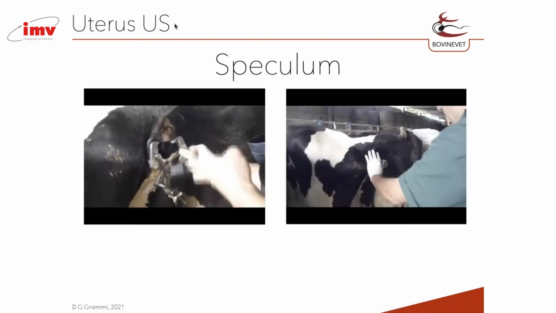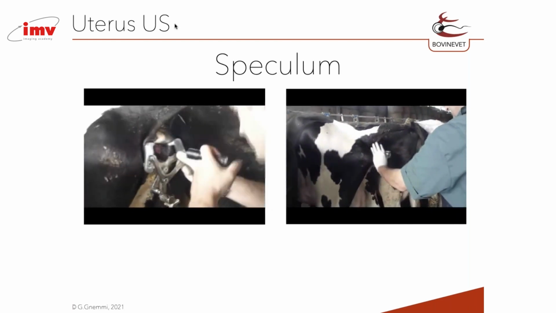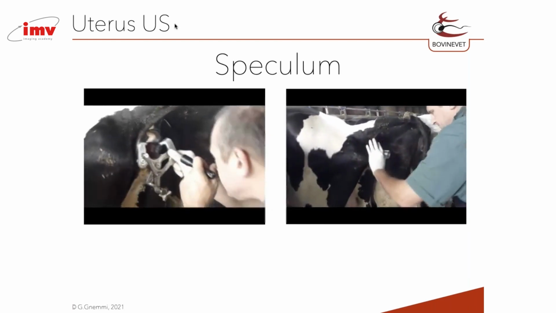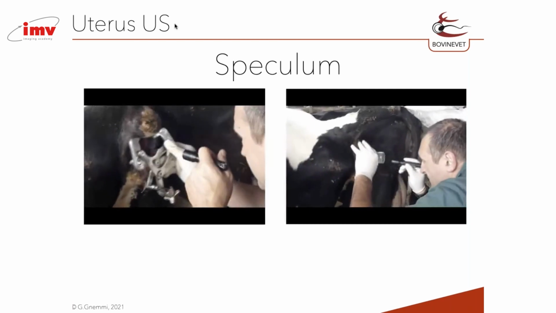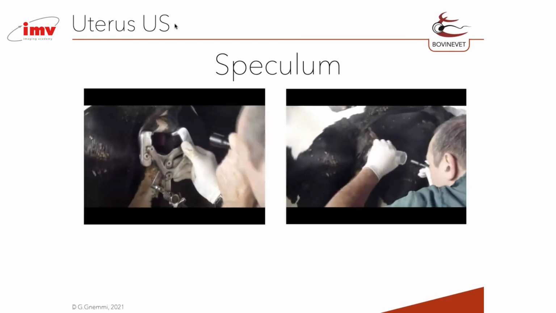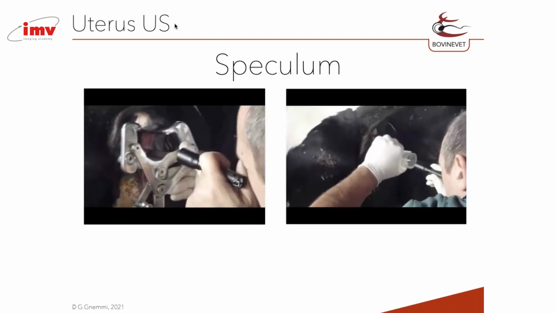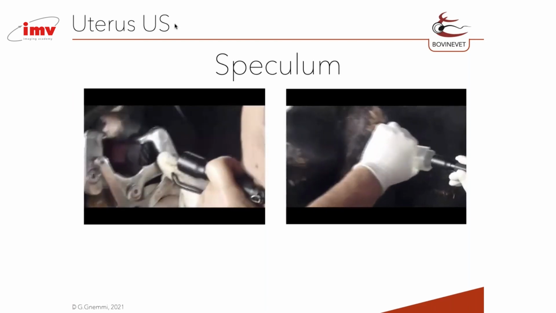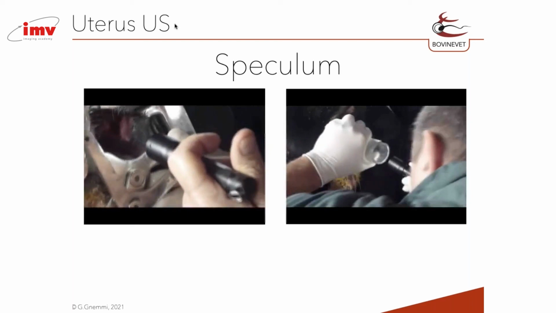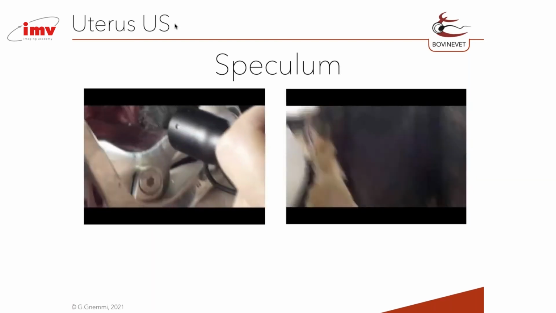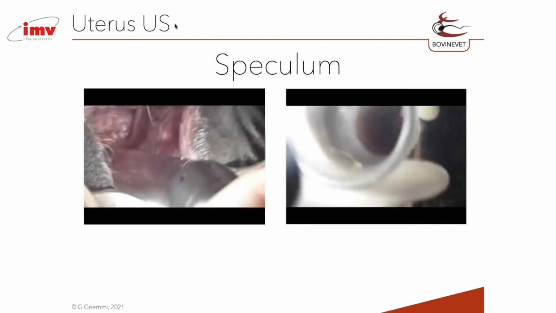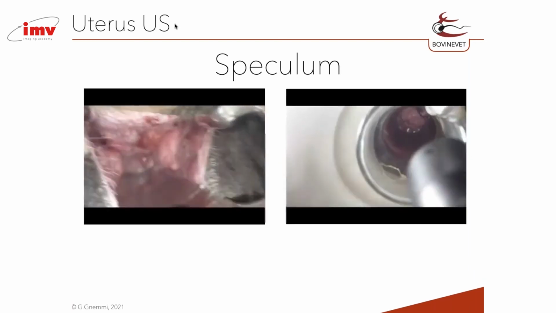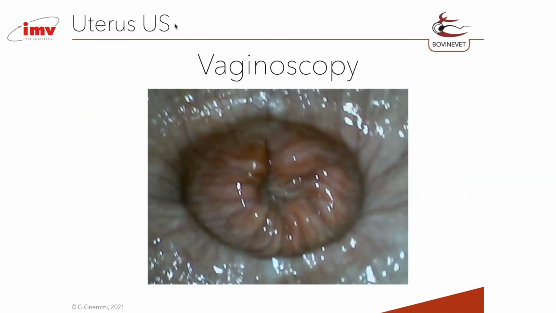It is the same problem that we have with the speculum. We can use different typology of speculum, and the quality of the diagnosis is fantastic. If you want to do individual diagnosis of sick cows, very, very well. But if you want to do a screening of a group of cows, well, this is not a good method. Why? Because you have to sterilize the equipment each time, and this requires a lot of time.